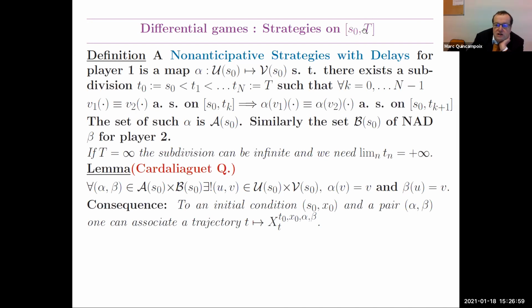Now I have defined it only for capital T finite. If capital T is infinite, I can define it the same way, but the subdivision could be infinite, and if it is infinite, then the limit of tn should be infinite. When we have a pair of non-anticipative strategies with delay, it's very easy to show that there exists a unique pair of controls which represents this pair of strategies.